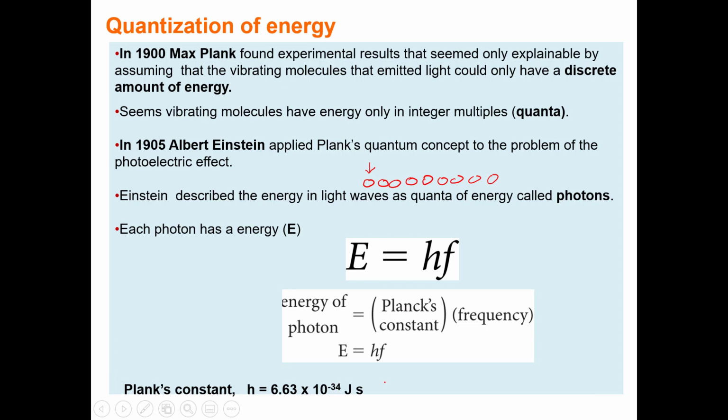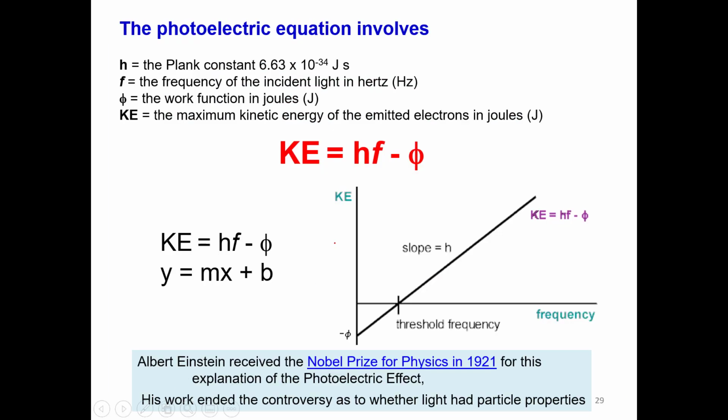Then I want to explain in a simple way how Albert Einstein got this equation. What he did is plot the kinetic energy that Max Planck got in the experiment on the y-axis, and on the x-axis he plotted the frequency.